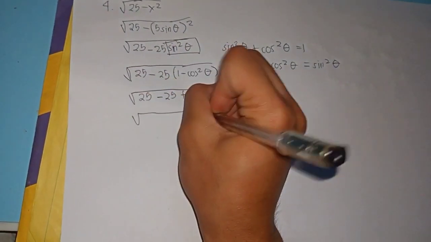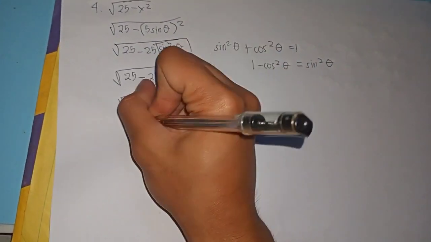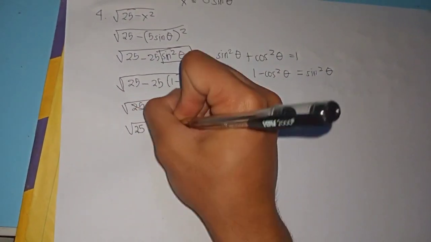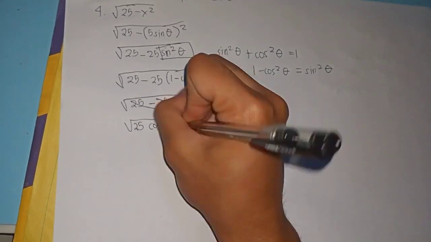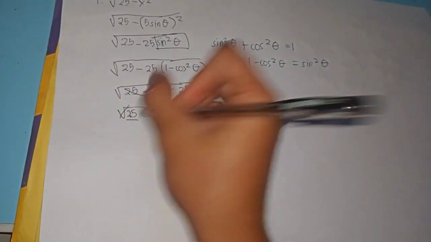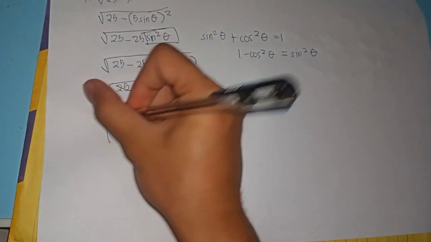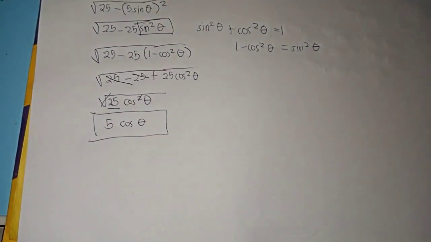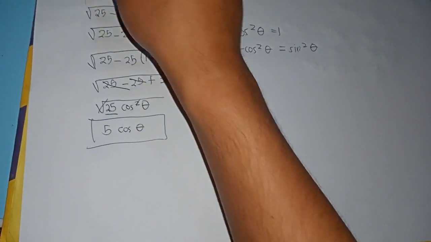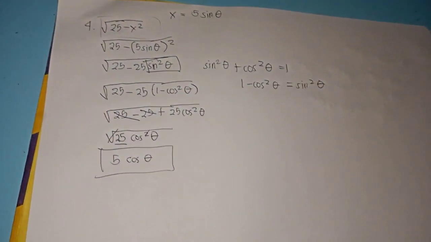The 25 and negative 25 cancel, so we have 25 cosine squared theta. Taking the square root, 25 comes out as 5, so we have 5 cosine theta. That is the simplification, given that x is 5 sine theta.